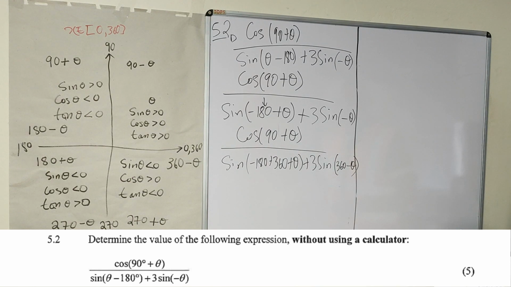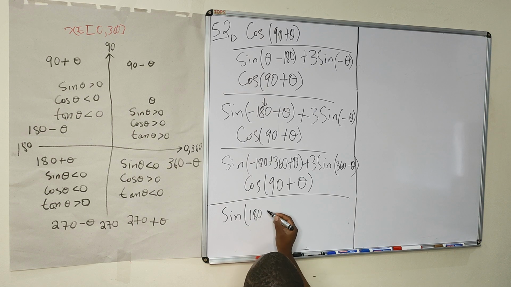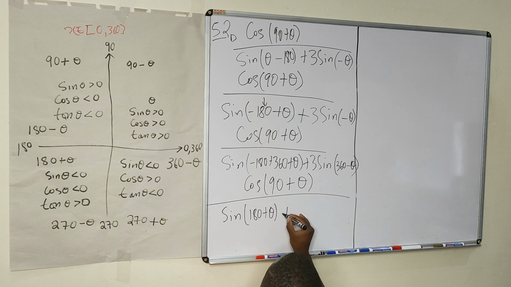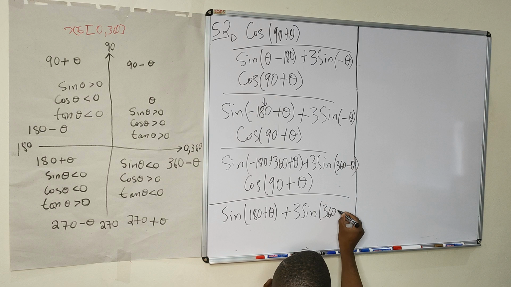Once you have this, you can simplify it now. And say I have cos(90 plus theta) all divided by sine(180 plus theta) plus 3 sine(360 minus theta).